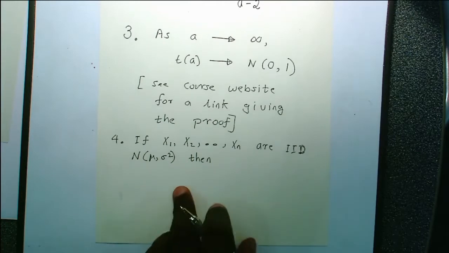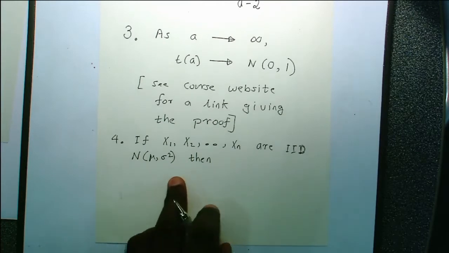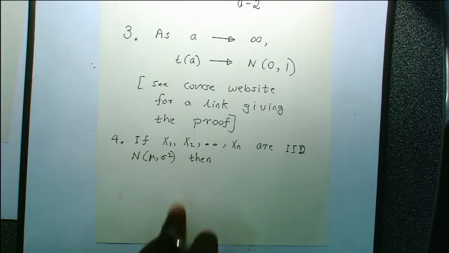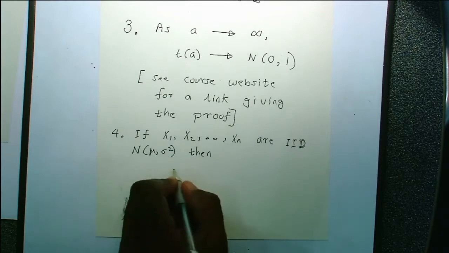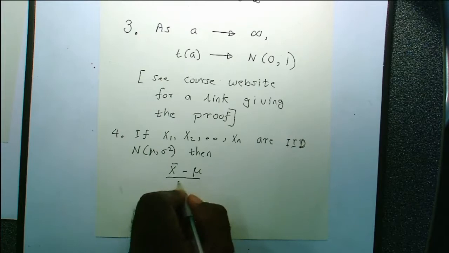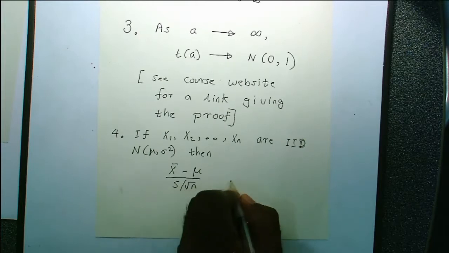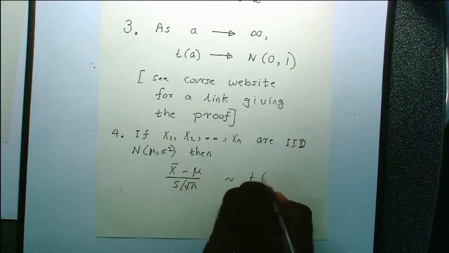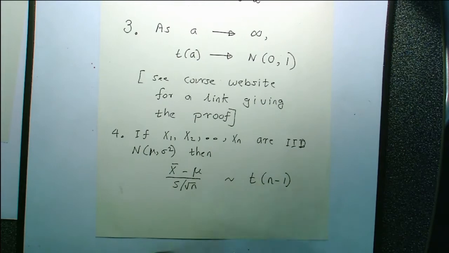If you have a random sample from a normal distribution with these parameters, then (x bar minus mu) divided by s over root n has a t distribution with n minus 1 degrees of freedom.